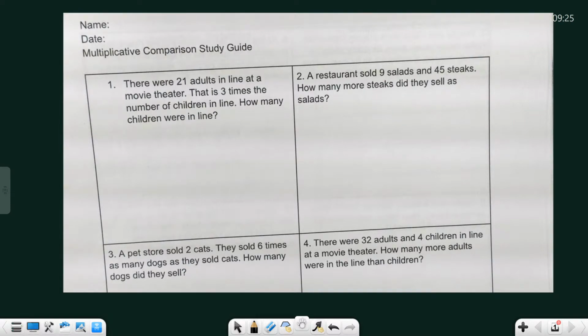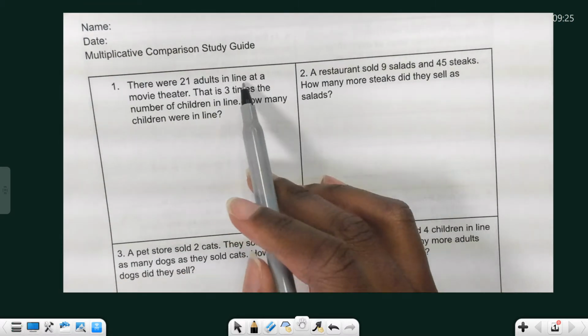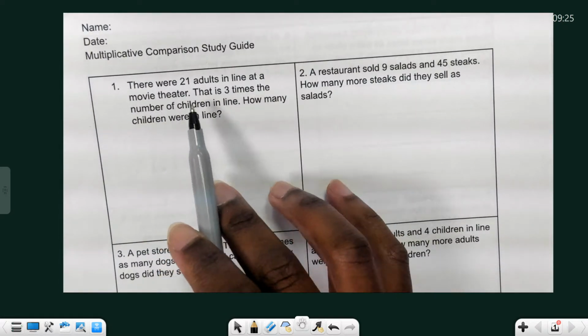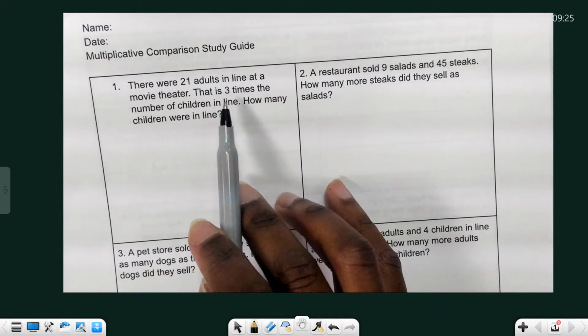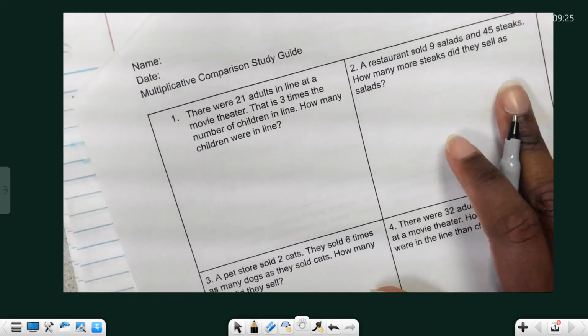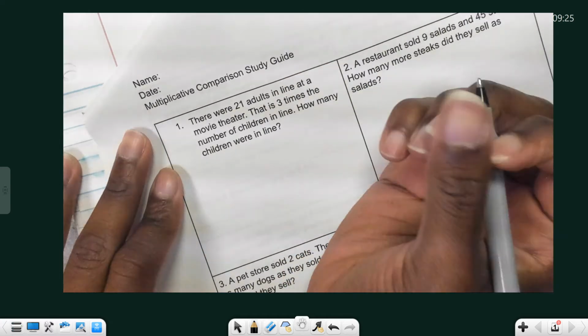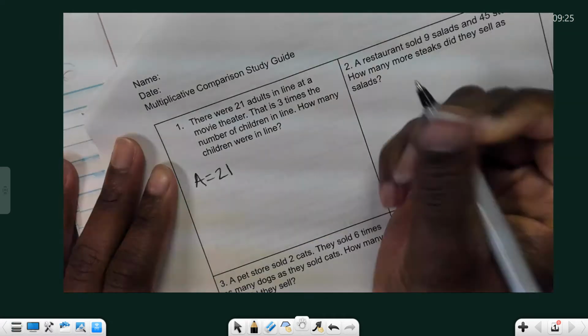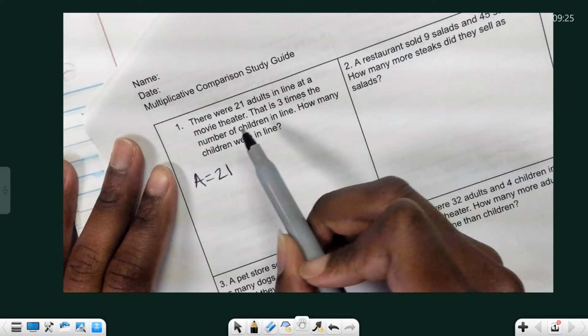Number 1: There were 21 adults in line at a movie theater. That is 3 times the number of children in line. How many children were in line? We know there are 21 adults, so A for adults equals 21. That is 3 times the number of children.